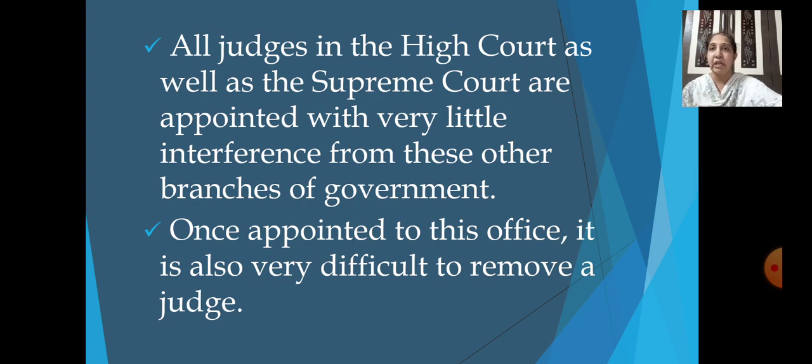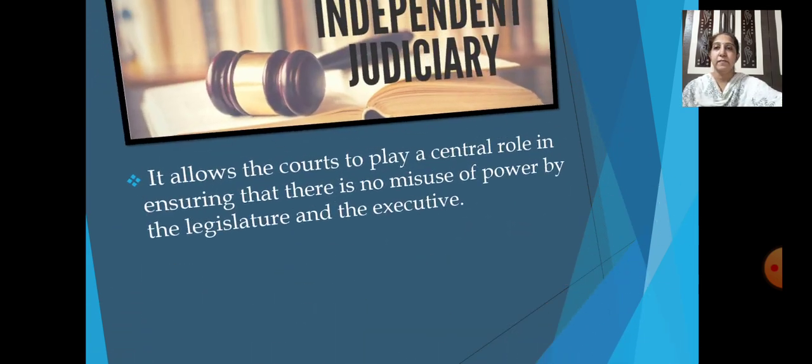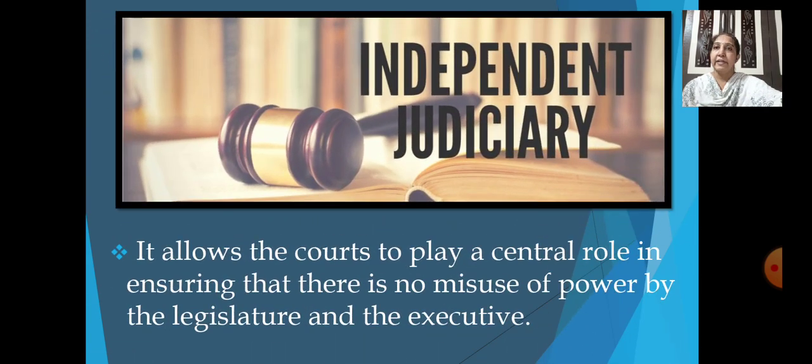The most important thing is, why are judges in the High Court as well as the Supreme Court appointed with very little interference from these other branches of government? Because once they are appointed, they cannot be removed. It is very difficult to remove a judge. So that is the reason.